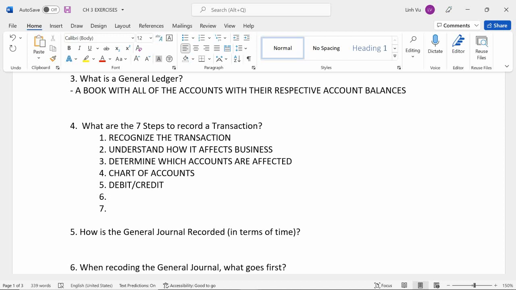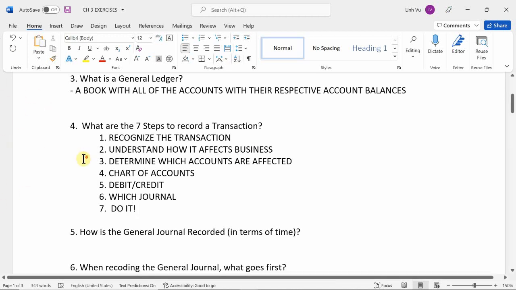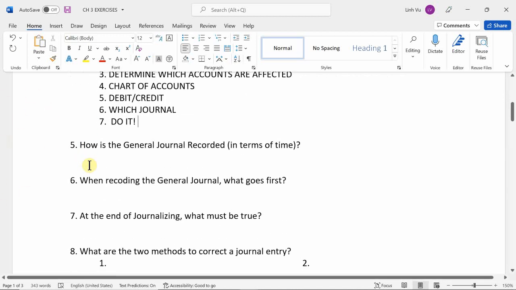And then number 6, determine what journal should be used to record the transaction. Okay, which journal? And last but not least, record the transaction. Record it in the book.